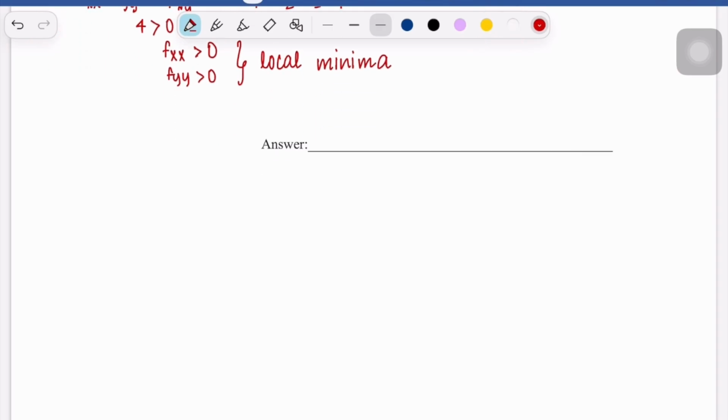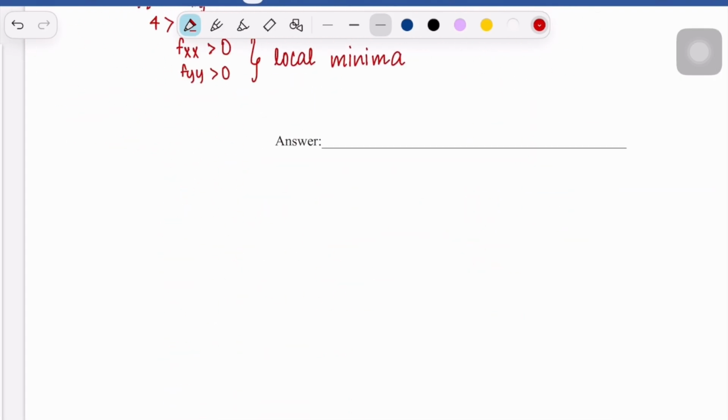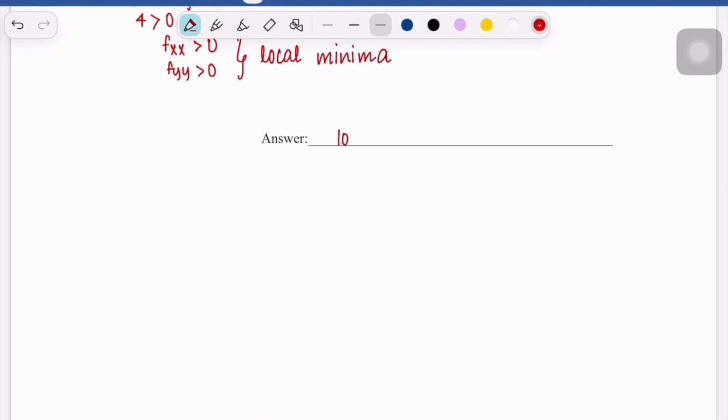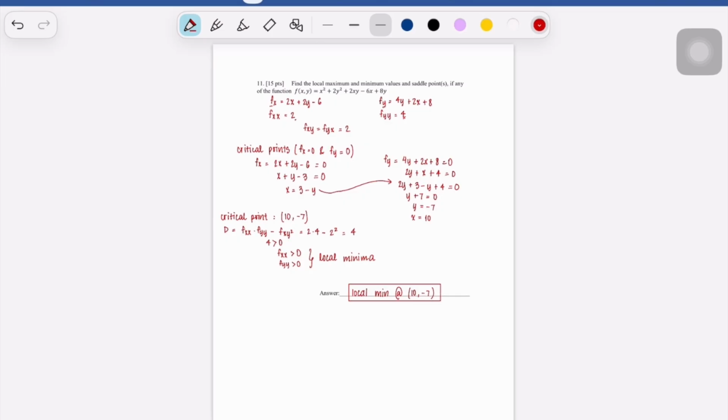So which gives us our final answer. That's local minimum at 10 comma negative 7. Okay, so that's our final answer for the 11th problem.